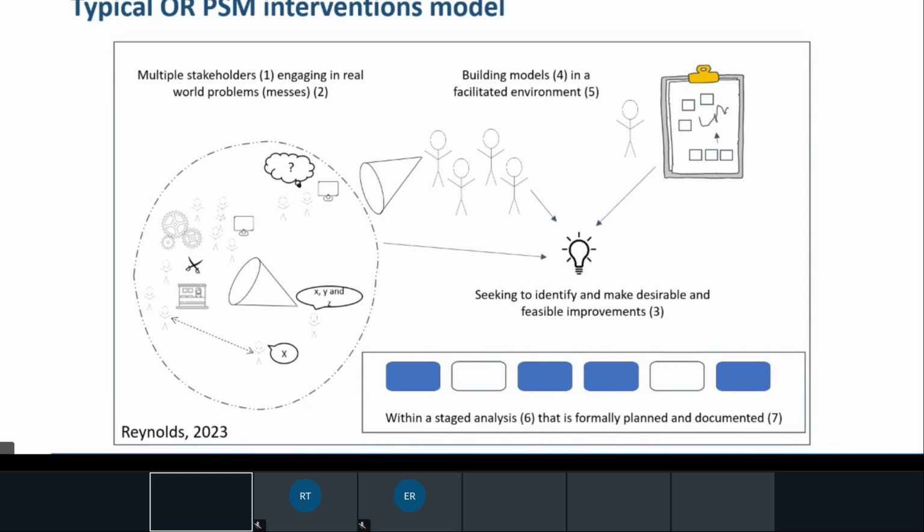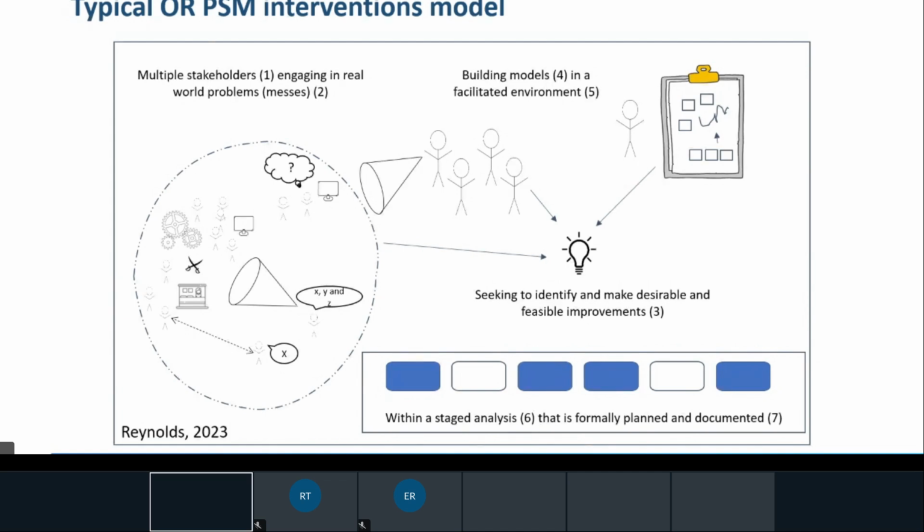And if you move over to the little light bulb, they're seeking to identify and make desirable and feasible improvements within the situation. When we say desirable, it may be different things are desirable to different people. And when we talk about feasibility, referencing back to multiple stakeholders, one of our key concerns is the political feasibility. Are people going to agree and fully commit to the changes that we want to make?